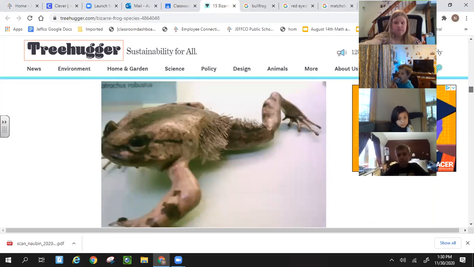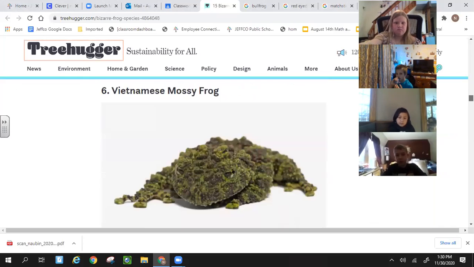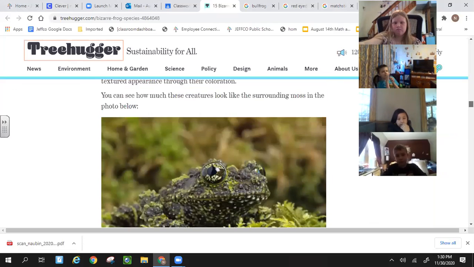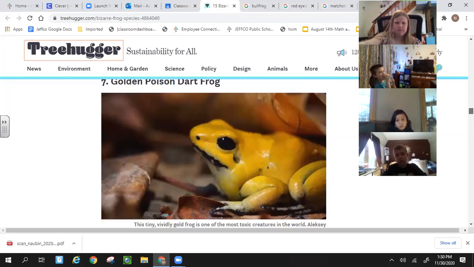Hairy frog, that's my favorite. Look at that. Never seen one like that before. Oh, I've never seen one of those either. So you could write your poem about the hairy frog. Never seen a frog with hair. That answers Noah's question about fur. Here's a Vietnamese mossy frog. We've got all kinds of cool frogs that you can learn about. Golden poison dart frog.